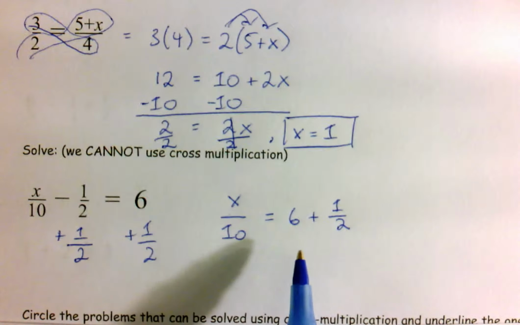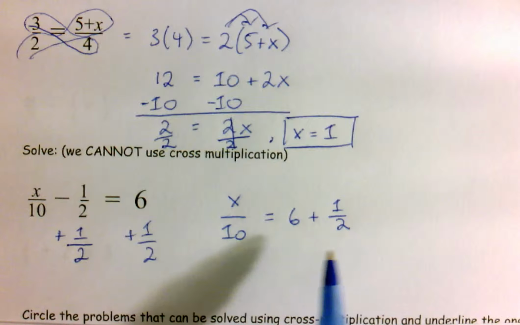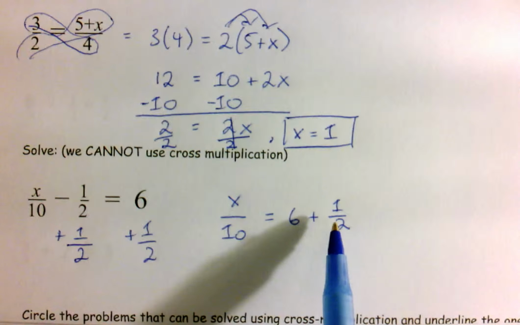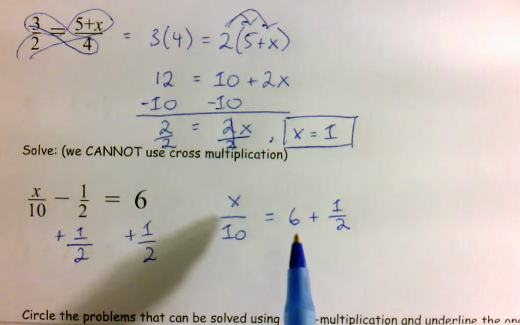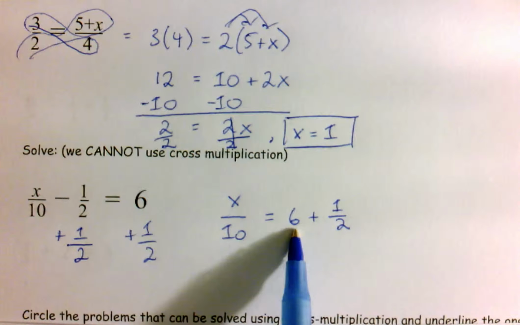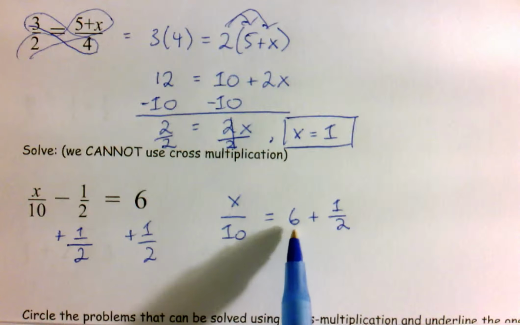Now I want to simplify this right side. If I have 6 plus 1 half, I can do this in two different ways. I can write this as a decimal, but I like fractions. In order to add 6 and 1 half, I need a common denominator. So my least common denominator is 2, because 6 over 1 is the same thing as 6.